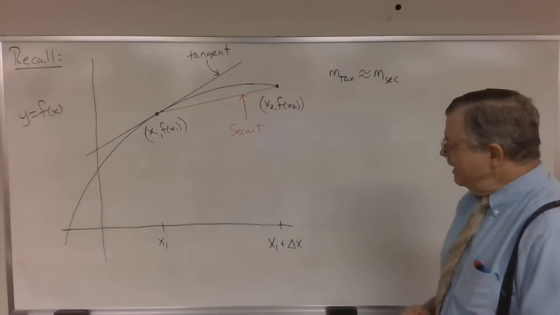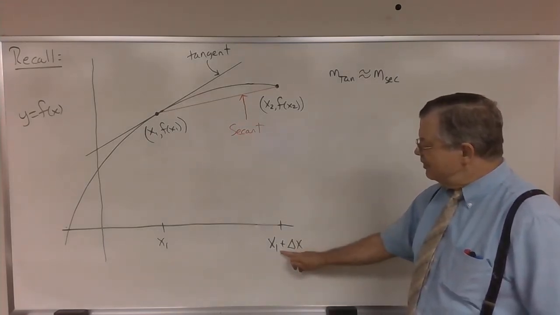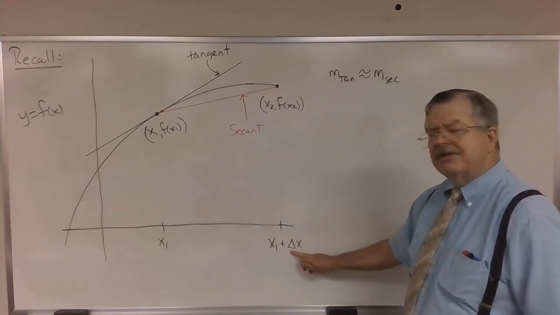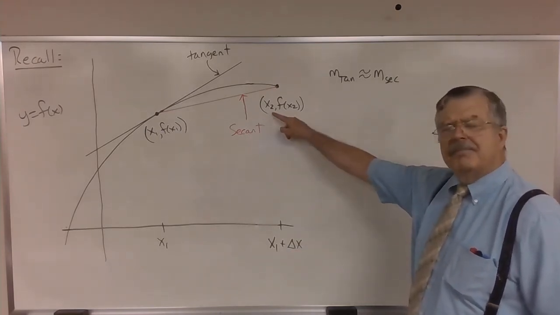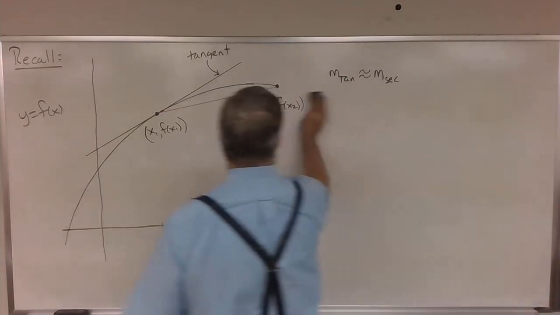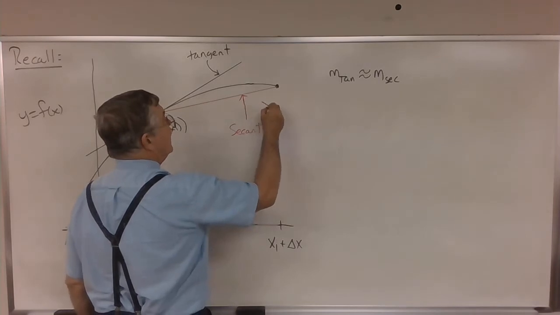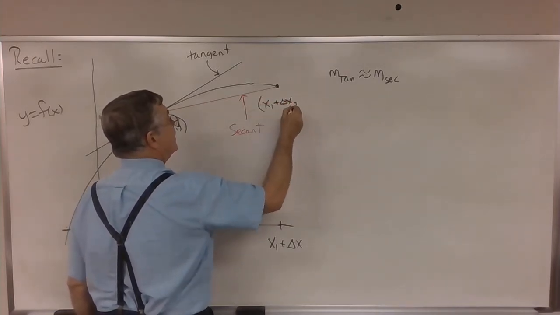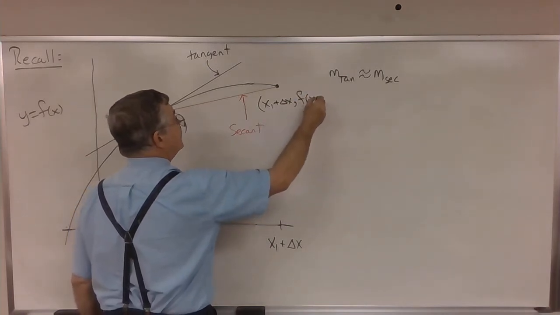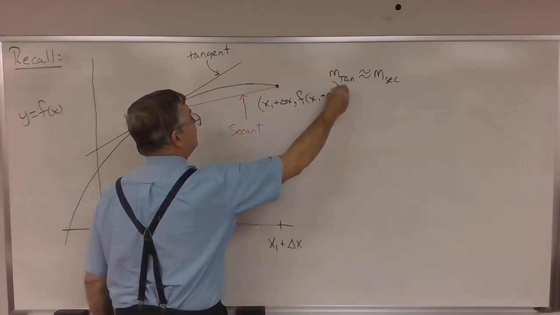Well, if I replaced x of 2 with x of 1 plus delta x down here, I'm going to have to do the same thing up here. So this point is going to be renamed x of 1 plus delta x, and then f evaluated at x of 1 plus delta x.